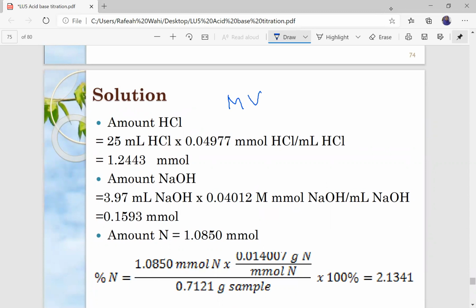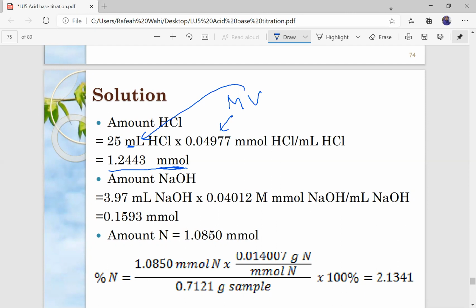M is 0.04977. V is 25 ml. Because you use ml, you get millimole. So 1.2443.